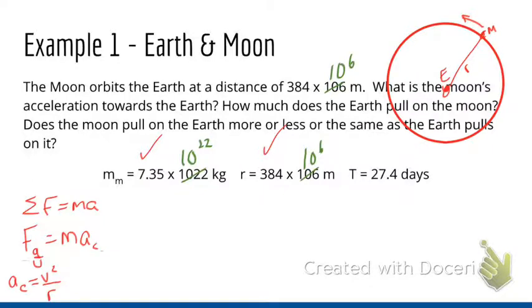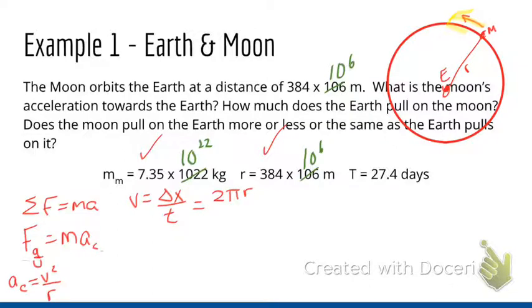So we still need to have our velocity. So velocity is basically a change in position divided by a change in time. As the Moon orbits the Earth, the distance that orbit takes is the circumference of that path.